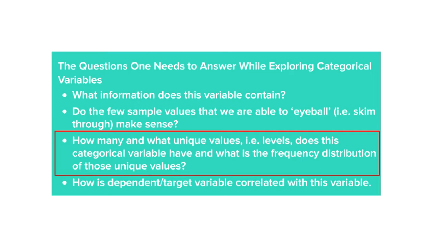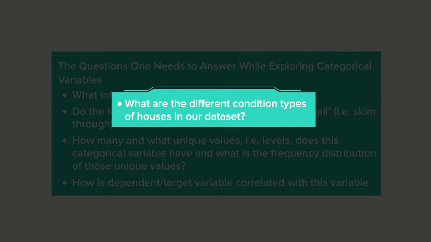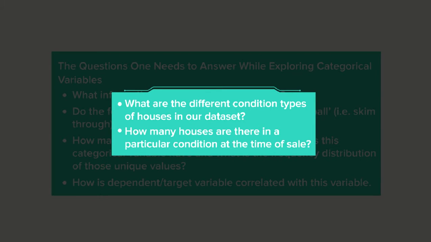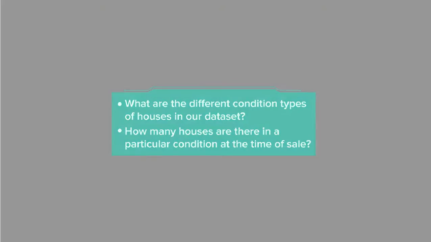Let's move to the next point and find out the unique values for this variable along with the frequency of occurrences. This essentially means what are the different condition types of houses in our dataset and how many houses are there in a particular condition at the time of sale.